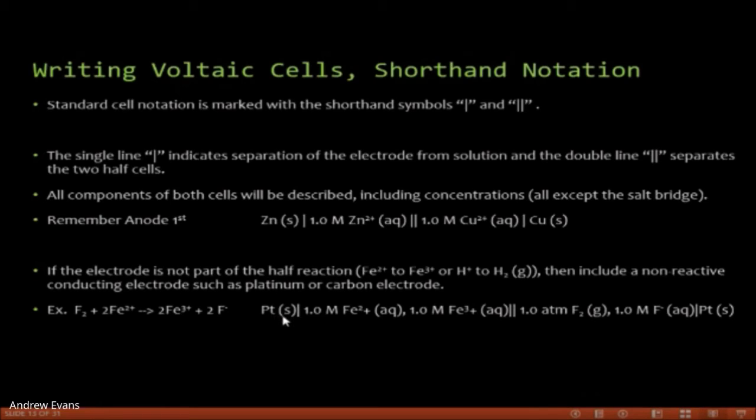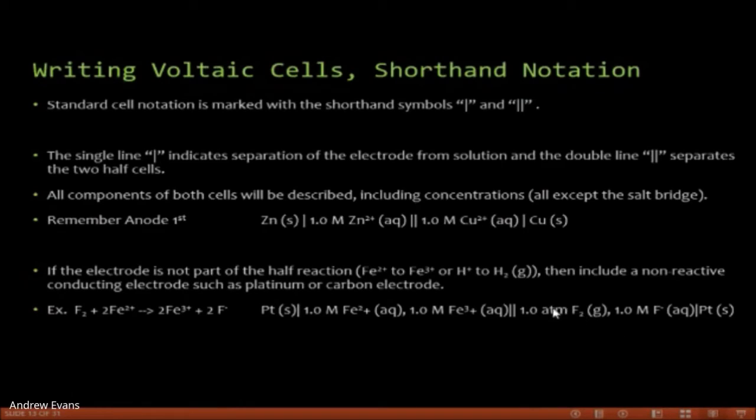You would have platinum solid, there's my electrode. We have 1 molar iron 2+ and 1 molar iron 3+. So iron 2+ is going to 3+. On the other side, 1 atmosphere of fluorine gas, 1 molar fluoride. So fluorine gas is going to fluoride, and we have a platinum electrode to work that out.